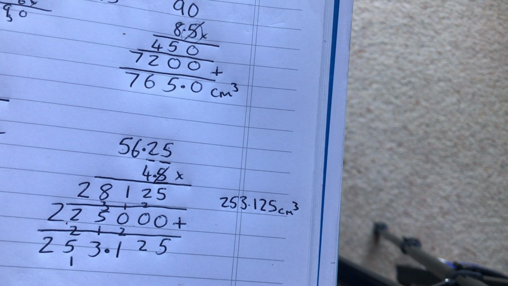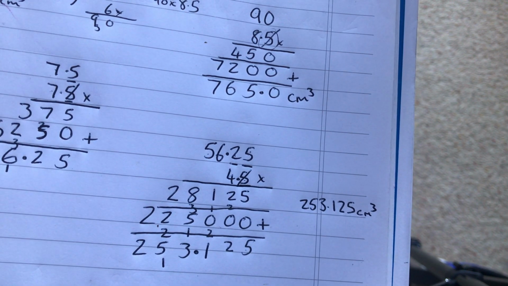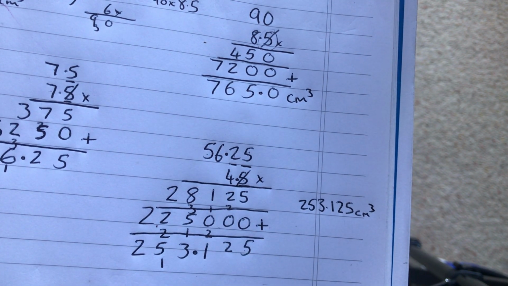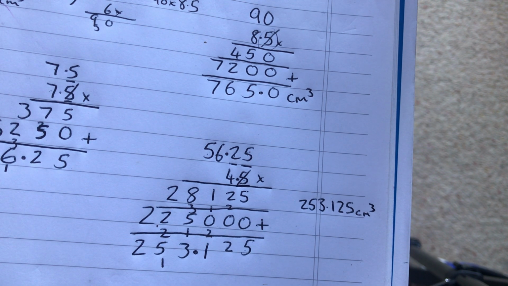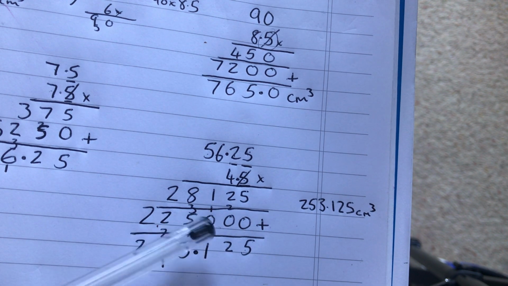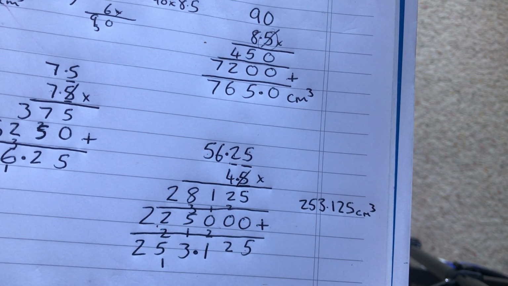Okay. So, like I said, there's no new skill. There's a little reminder of what to do with decimals and multiplying decimals, but we did look at that before lockdown. It is simply another thing that we use our long multiplication for. Don't worry if you've got lost a bit in that one, but I would suggest practicing it.